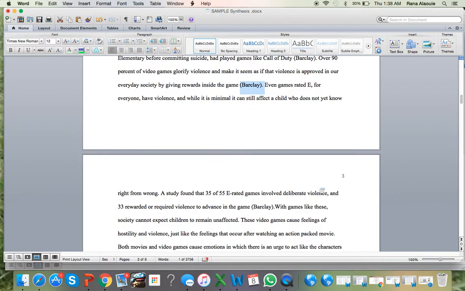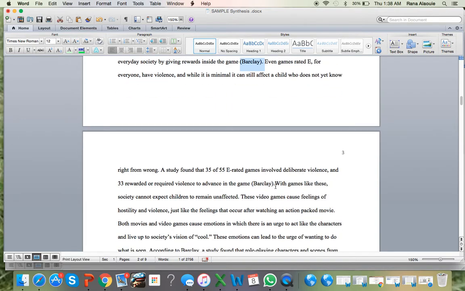Even games rated E for everyone have violence. And while it is minimal, it can still affect a child who does not yet know right from wrong. A study found that 35 to 55 E-rated games involve deliberate violence and 33 rewarded or required violence to advance in the game.